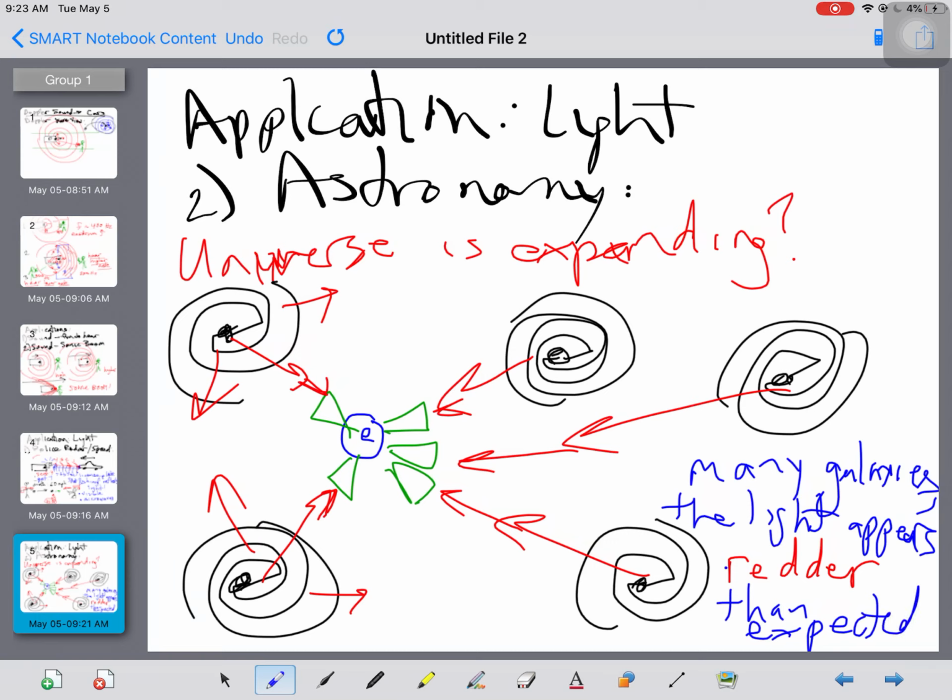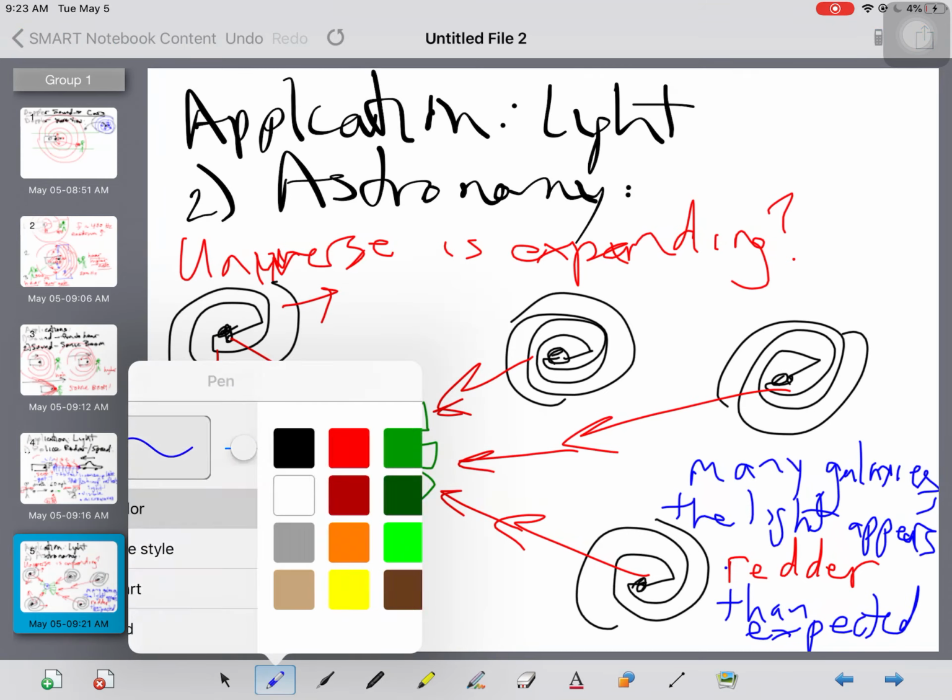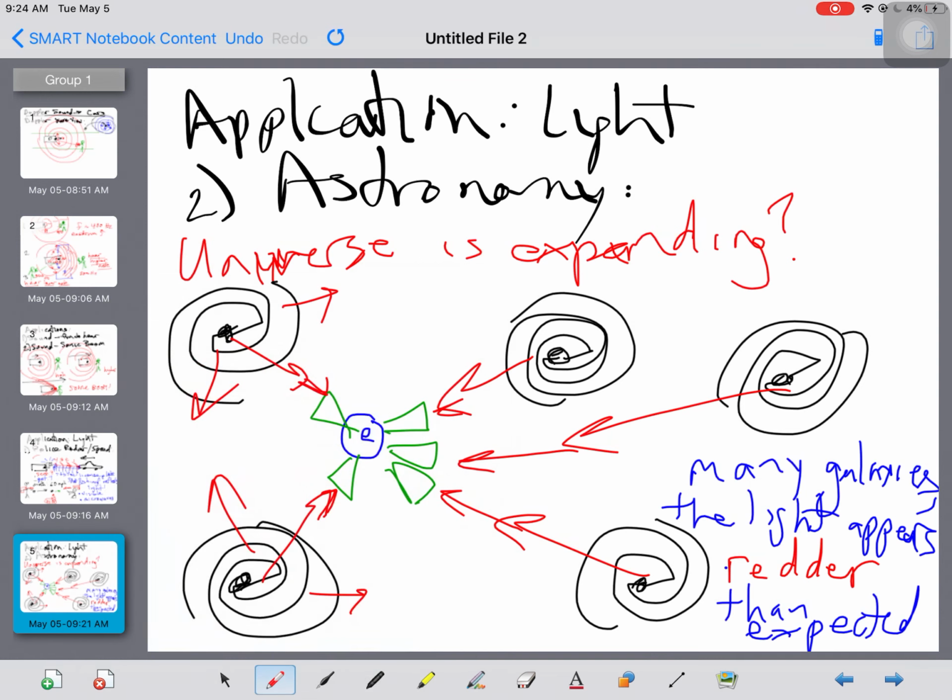And what redder really means, it's a little fancier than we need to worry about right now, but what redder really means is lower frequency. And if you remember from lower frequency with the cars, that means moving away.